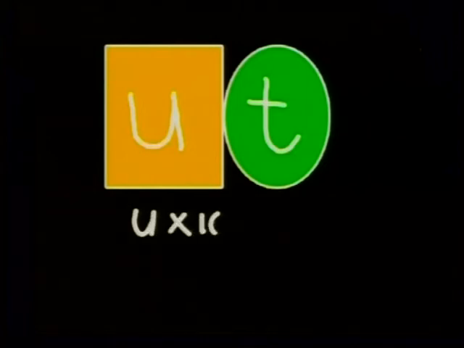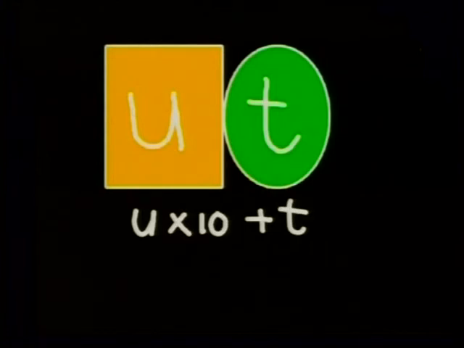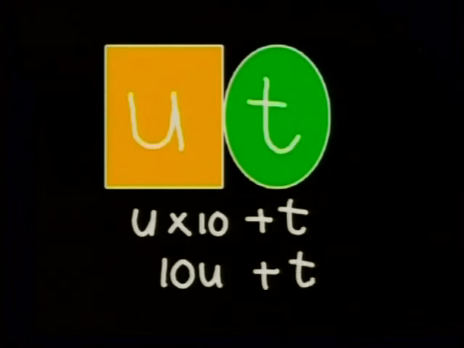Let's understand what this UT means. Does it mean U times T? Nope, it does not. Be careful here. UT is actually the value of our tens column plus the value of our units. So it is equal to U times 10 plus T, which simplifies to 10U plus T.